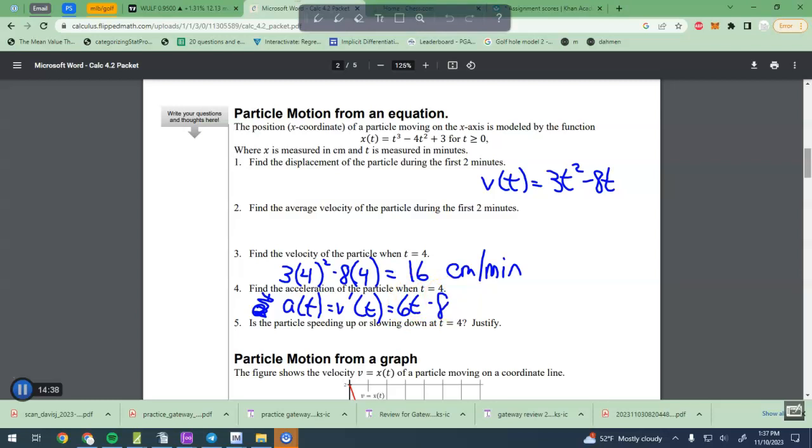And a common question here, also not on this, could be when is the acceleration equal to 0? And then you would just set this equal to 0 and solve for t. But in this case, it's saying find the acceleration when t equals 4. So you just plug in 6 times 4 minus 8, which would be 16. Carter, what's the label there?